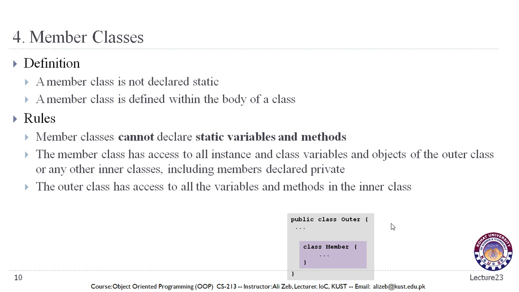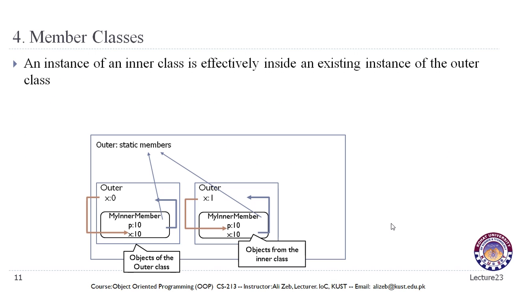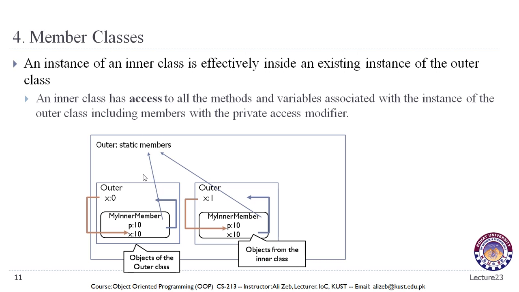So if we have an outer class, then we have a member class inside the outer class. An instance of an inner class is effectively inside an existing instance of the outer class. As we can see over here, the inner class has access to the static members of the outer class, and to all the methods and variables associated with the instance of the outer class, including members with private access modifiers.